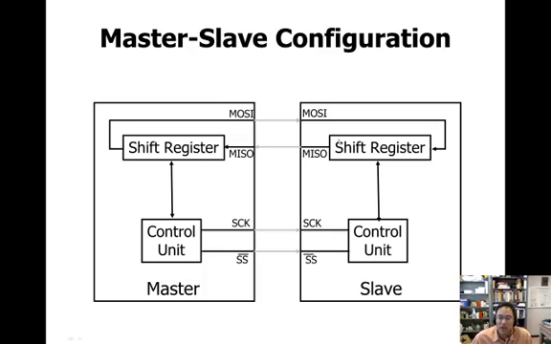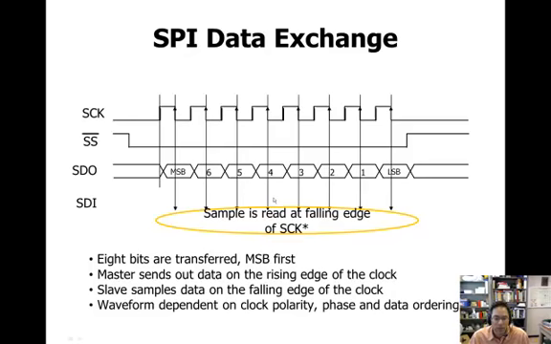Likewise, the slave can send out data to the master that way. Typically, I've seen this almost exclusively: the slave selects are only asserted once per byte, and so you transmit 8 bits at a time. That's maybe not necessarily true, but that's what I've seen in all my experiences with microcontrollers.